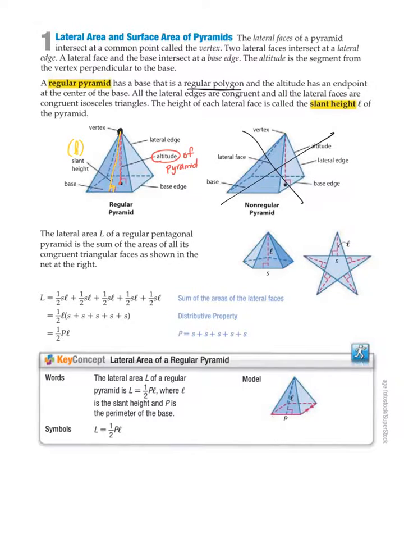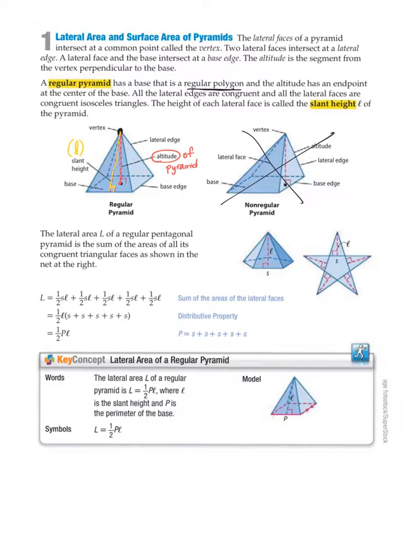Lateral edges are still where the sides intersect, and the base edge is still where the base intersects the sides. But we need to make sure right now that you know the difference between the altitude and the slant height, because it is very, very important. The altitude goes from the vertex straight down, but the slant height goes down the side of a pyramid.